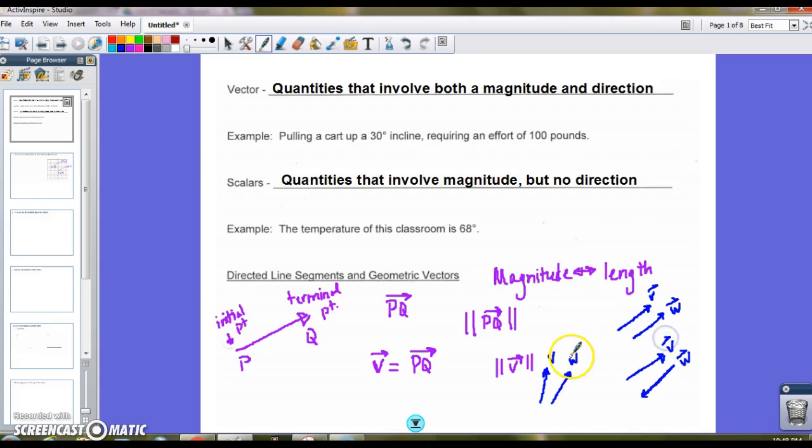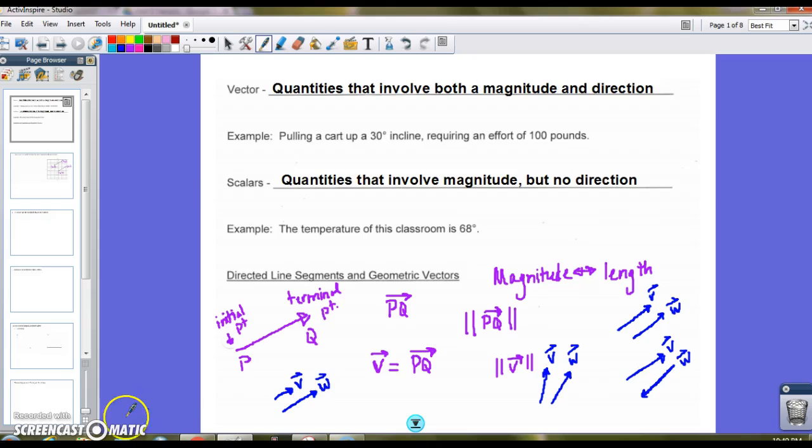Those are just some examples of how you might have vectors. You might also have vectors that are going in the same direction but have different magnitudes. So for example, here's v and here's w. They're going in the same direction but they have different magnitudes. So when we're talking about equality in terms of vectors, they have to have both the same direction and the same magnitude. Otherwise, we do not refer to them as equal.